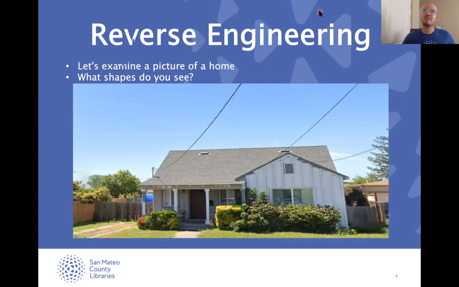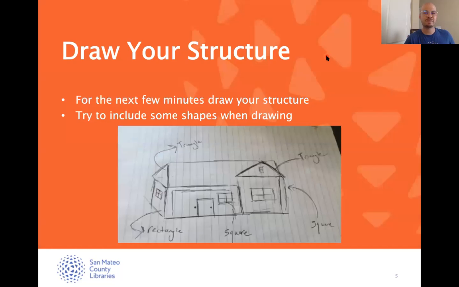Wherever it is, think about reverse engineering some of the shapes that you see. It's really, really fun. And it really puts that creative and critical thinking skill to use. It allows you to build that up. All right, so now that we've reverse engineered this house, let's move on to the next page.